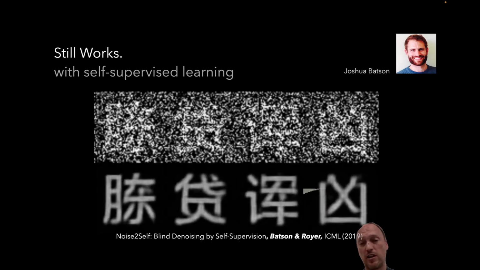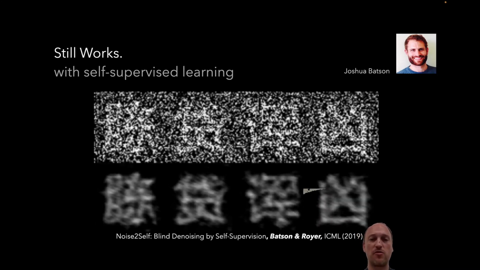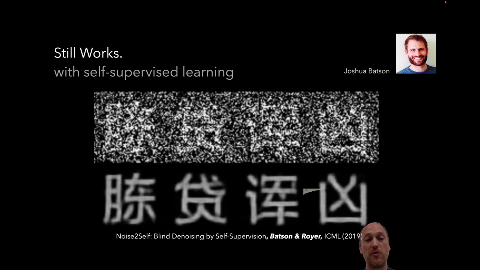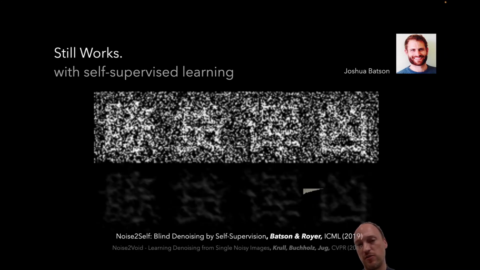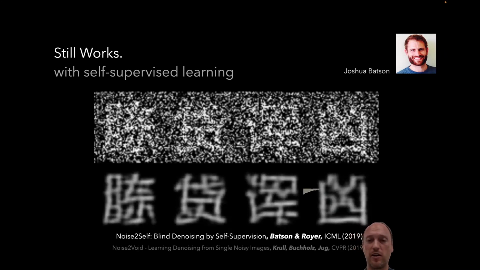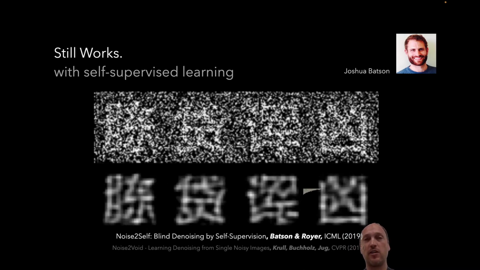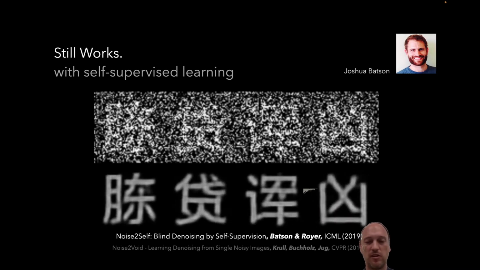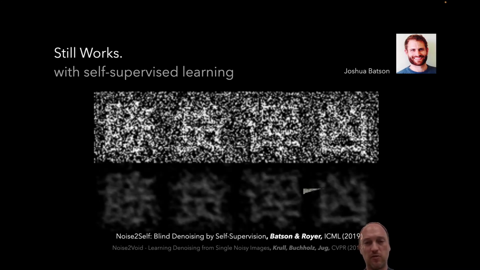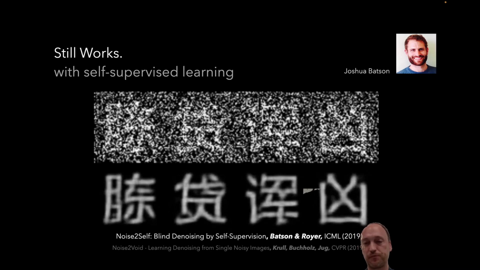This idea of noise to self was actually found by others, such as the team of Florian Jug at the time in Dresden, and essentially the same idea. In our case, we extended the idea to any denoising algorithm and came up with a kind of generic theory.